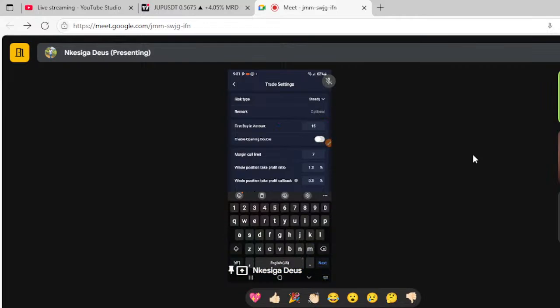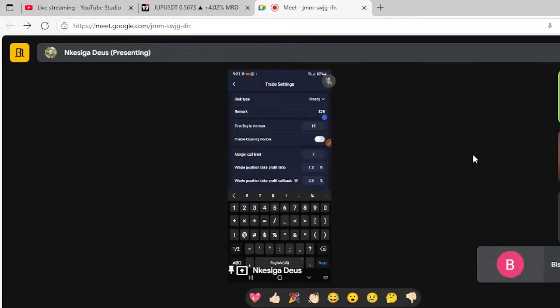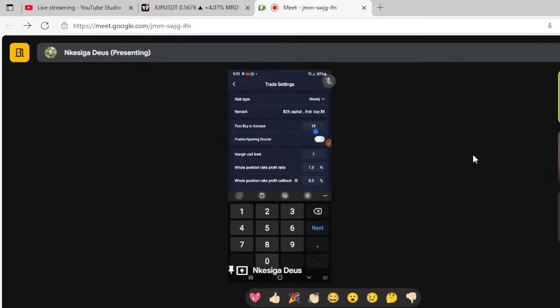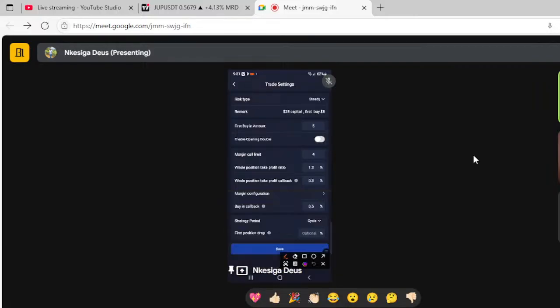I will say $25 as capital, then first buy $5. Are we clear? Here I will put 5. Here I will put 4, because if we get 25 minus 5, the remaining is 20.